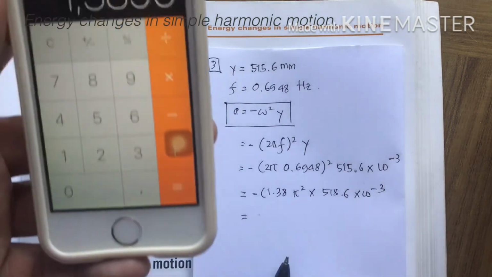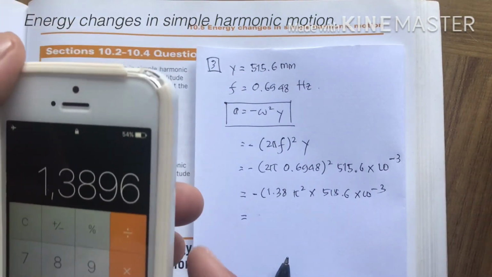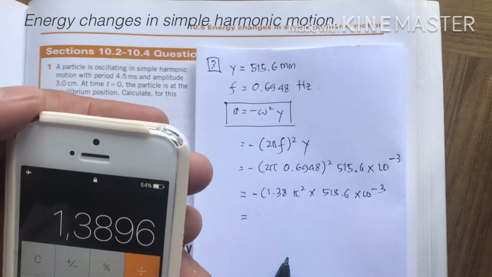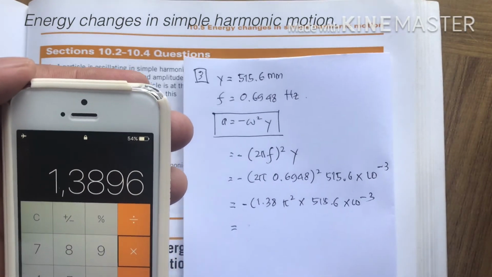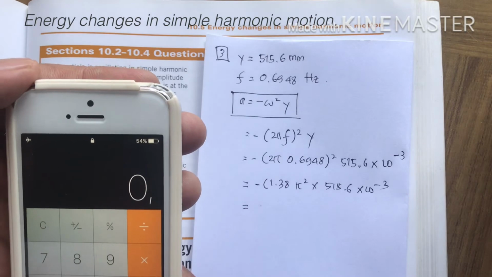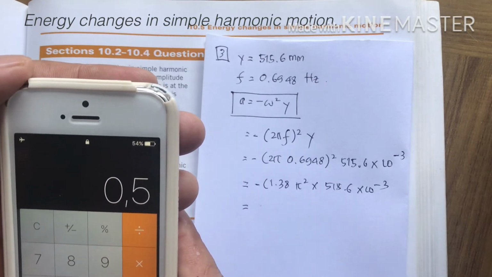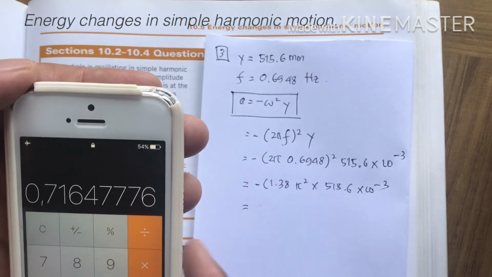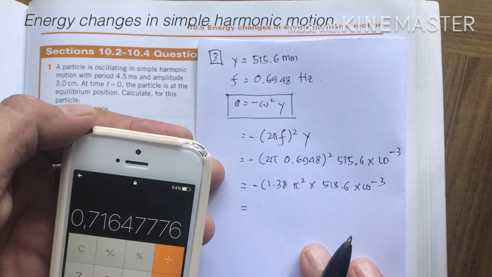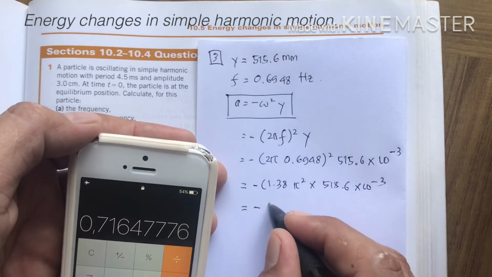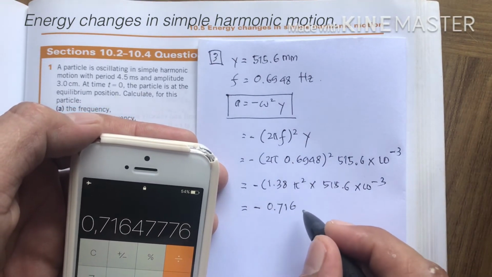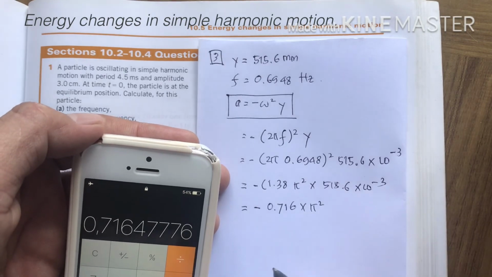We multiply by 0.5156. This is around 0.716 times pi square.